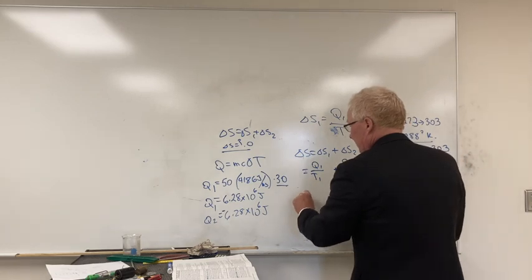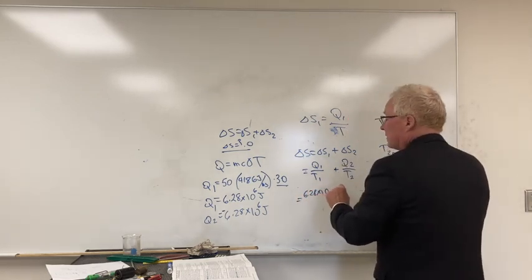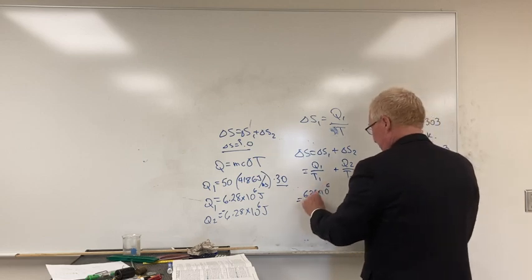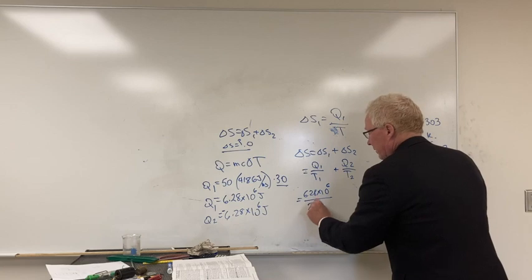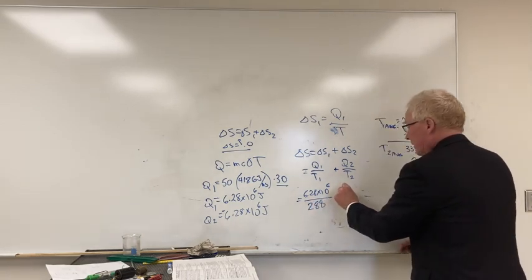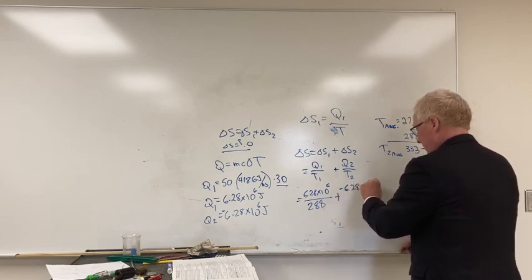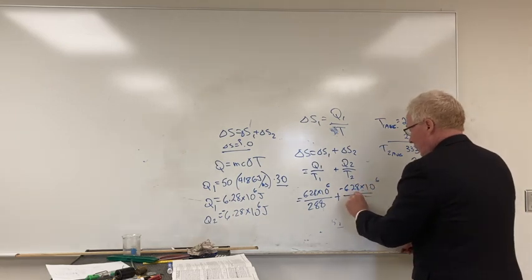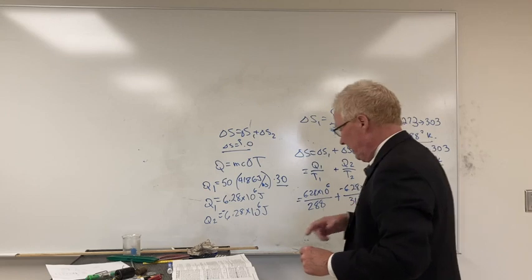So that'll be 6.28 times 10 to the 6th over T1, which is 288, plus, this is going down, so that's minus 6.28 times 10 to the 6th over 318. We'll calculate that now.